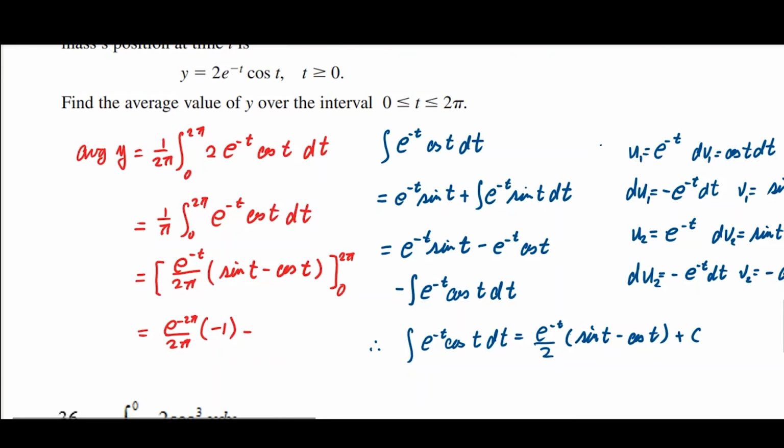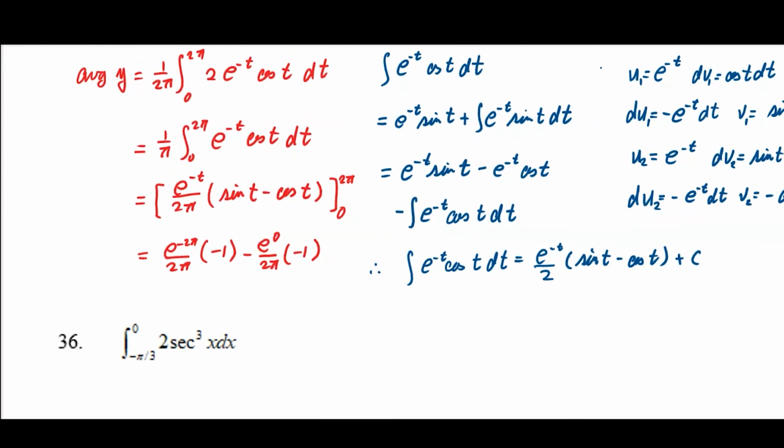Minus, oh, actually, I think you're right. E to the 0 over 2 pi. And then this thing gives you negative 1, huh? Whoa, whoa, whoa, you are right. Oh my God, I'm so glad you caught this now, right? And they don't cancel. How about that, eh?